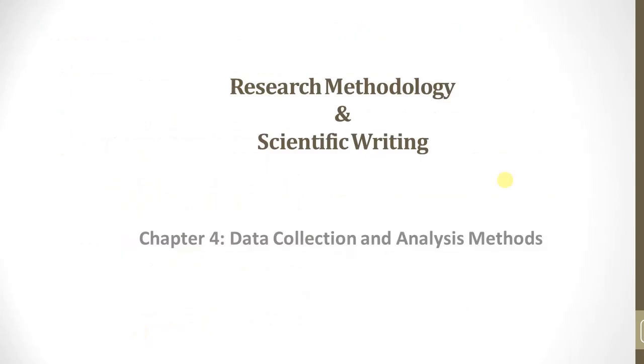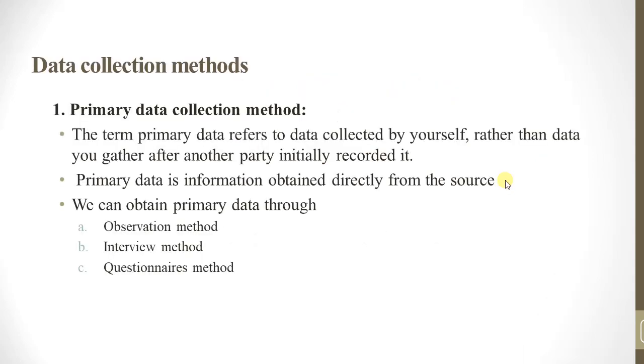Next we see chapter 4, data collection and analytical methods. Data collection methods. First, primary data collection methods. The term primary data refers to data collected by yourself rather than data you gather after another party initially recorded it.